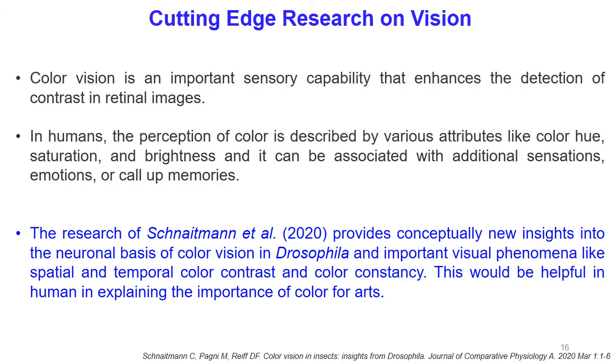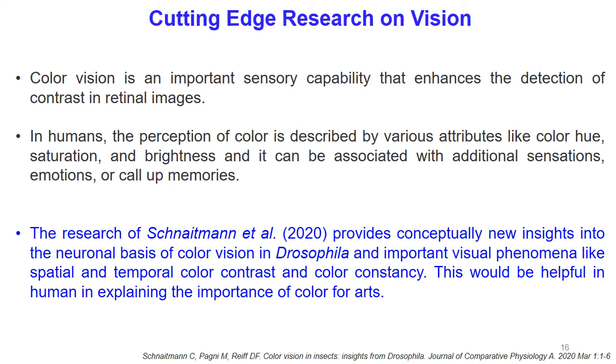Color vision is an important sensory capability that enhances the detection of contrast in the retinal images. In humans, the perception of color is also described by the attributes hue, saturation, and brightness, and it can be associated with additional sensations, emotions, or recalled memories.